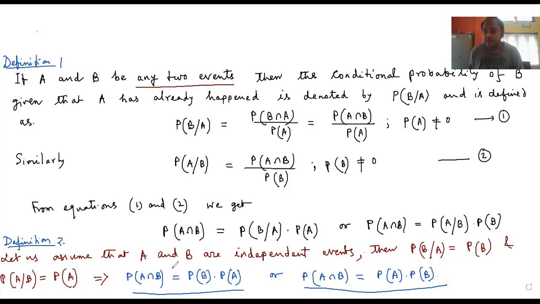Okay, and not only this, since this particular thing is happening on the basis of the condition that capital A and capital B are independent events, the expression which I have got over here, in case of independent events, probability of A intersection B will simply be P(A) into P(B). I'm denoting this expression as star.